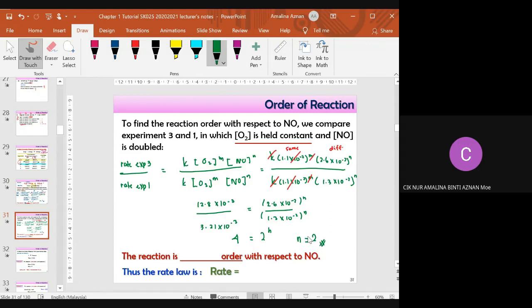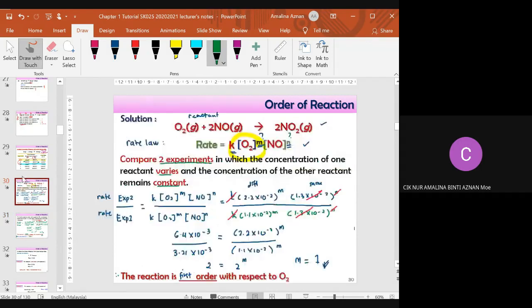So maksudnya, okay, from the rate law, kita tahu that the order for the reaction is second order with respect to nitrogen monoxide. Okay, so kita kena tulis balik ni. Ini yang penting ni. Tadi kita tulis dalam bentuk unknown.